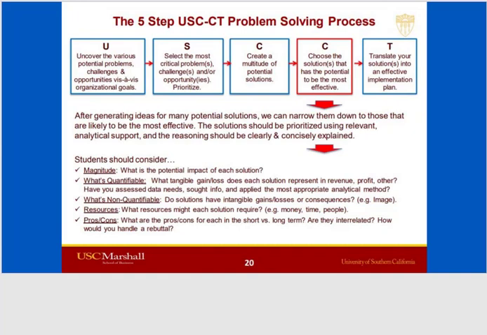So after generating these ideas, we're on our fourth step here, you want to narrow them down to those that are going to be most effective, and again, those that can be communicated effectively to different audiences. So think about solutions that are prioritized, the types of supports you would want to use, pros and cons, what resources we would need here, and again, how we tell this to the people who need to know this.